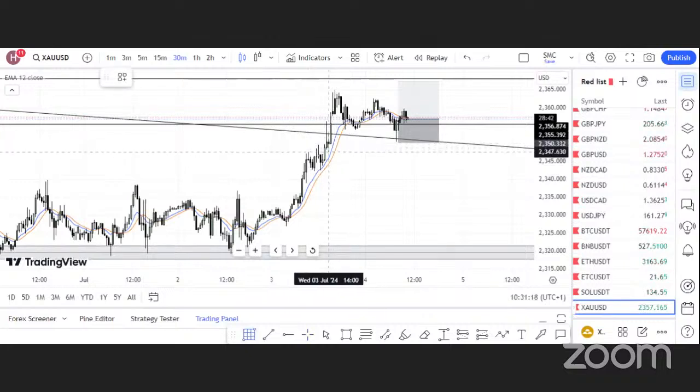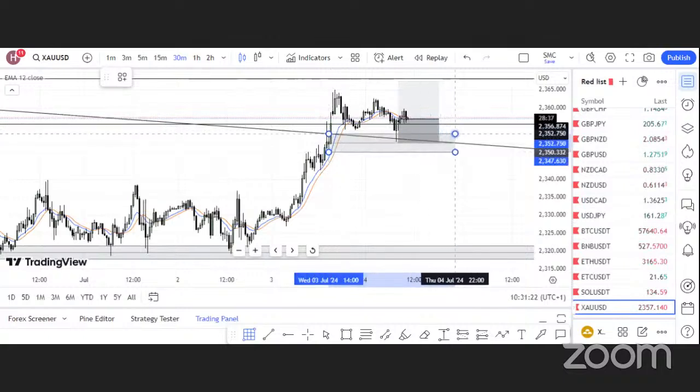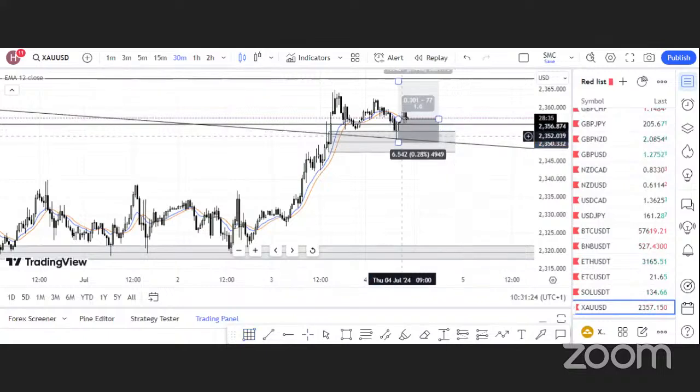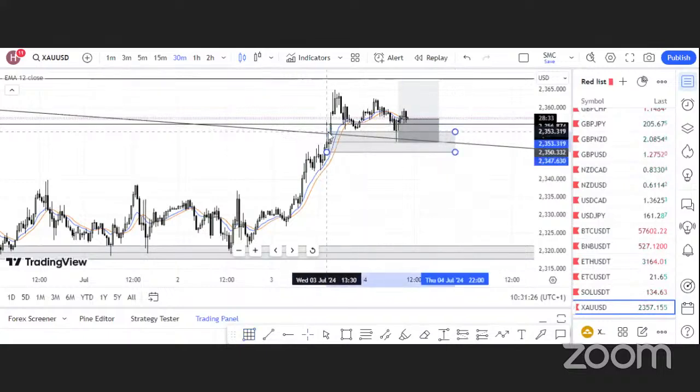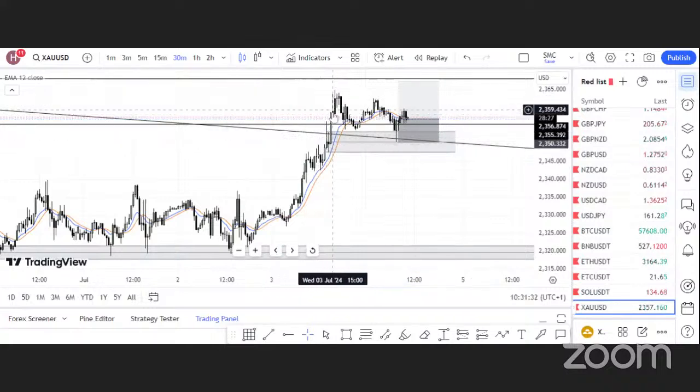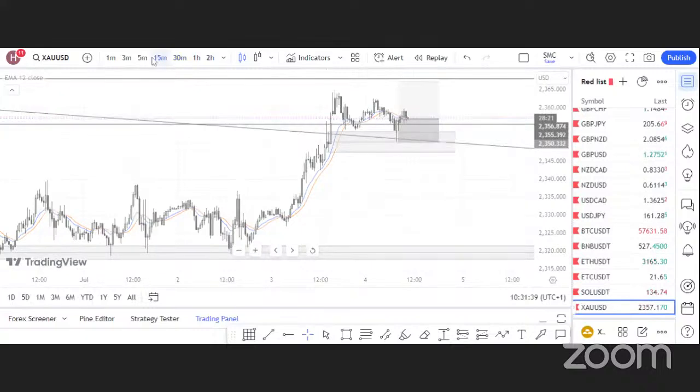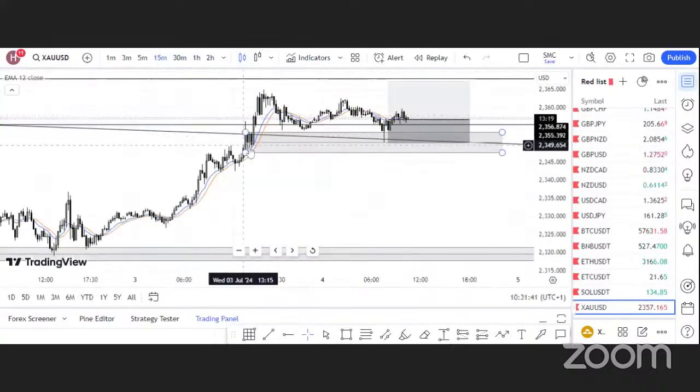So you see, the reason why, yeah, I was actually looking for this earlier. So this is another reason why I think this market is going to go up from this level, because when we had this breakout, you see, we had a break of a level. So if we go to the lower time frame, we'll be able to see that we had a level here and the market broke out of the level.